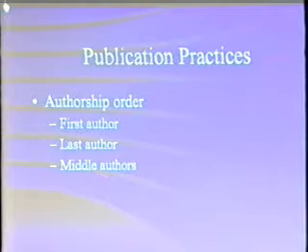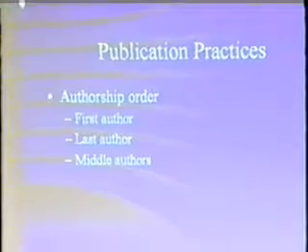And the middle authors are people who have made significant but not the major contribution to the conduct of the research. Now, some investigators prefer to have their name as the first author. So there's no hard and fast rule about how authorship is assigned, but the predominant way of doing it is this way.